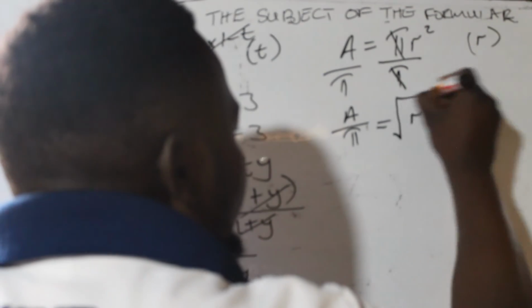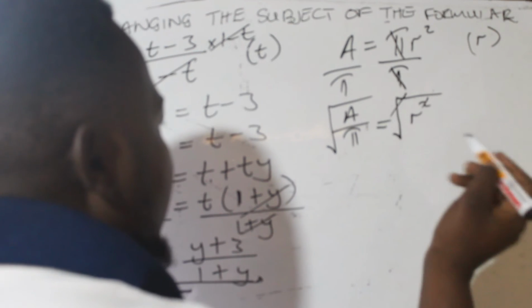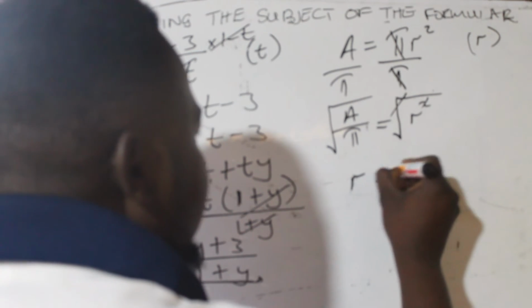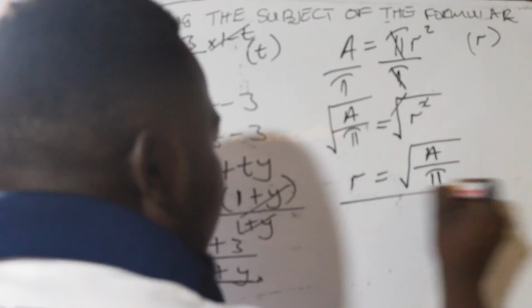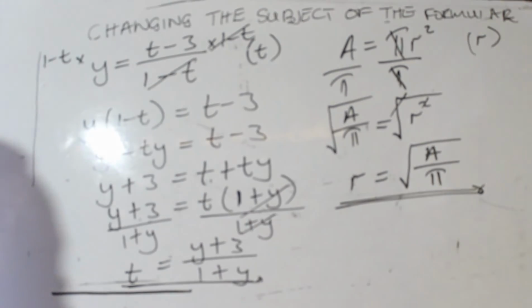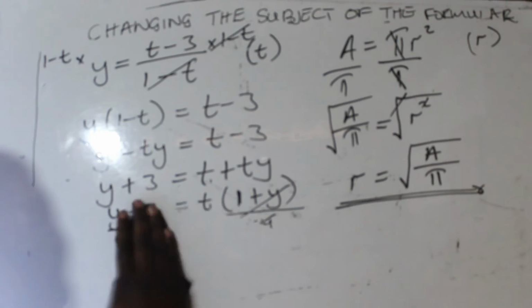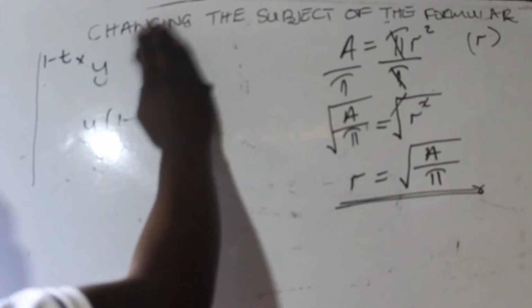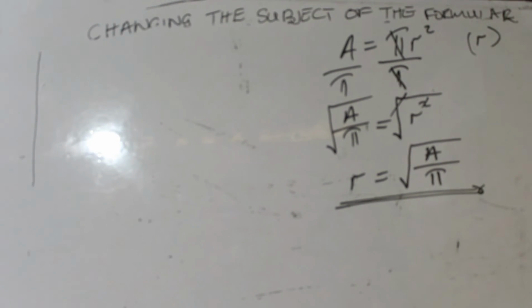The square root and the square will cancel each other. So our r is equals to square root of a over pi. Thus, we have made r the subject of the formula.